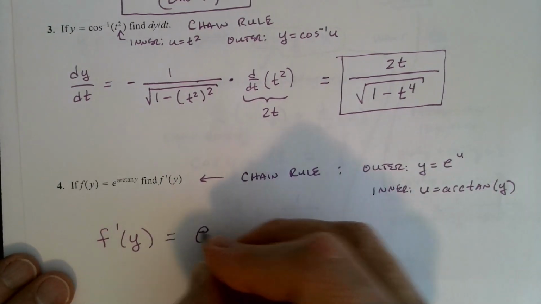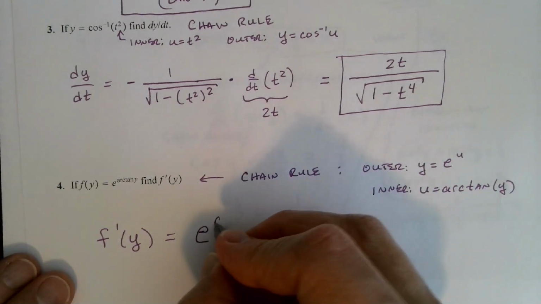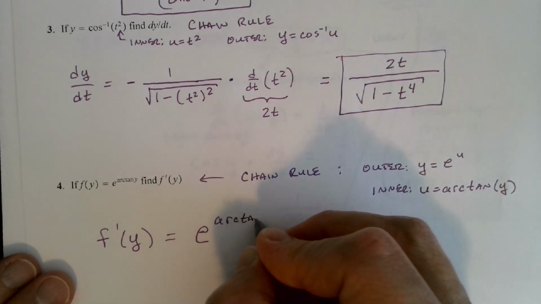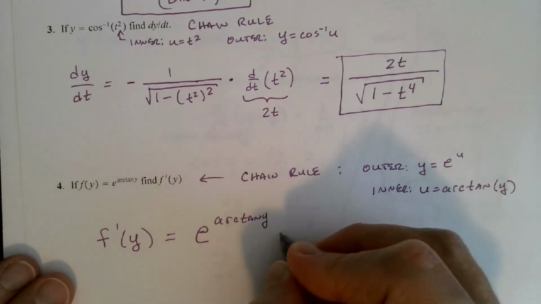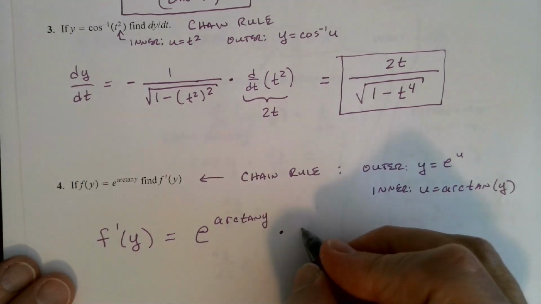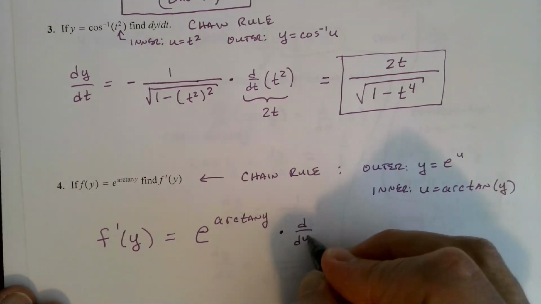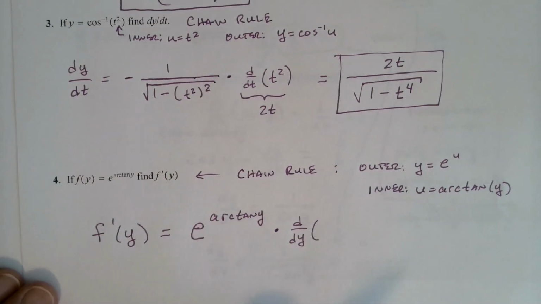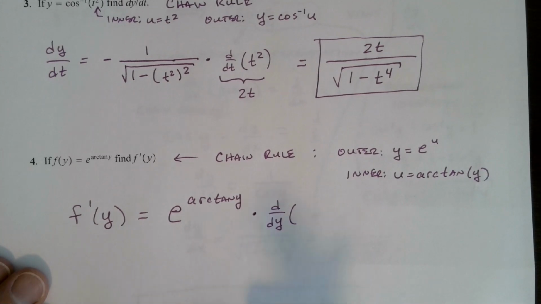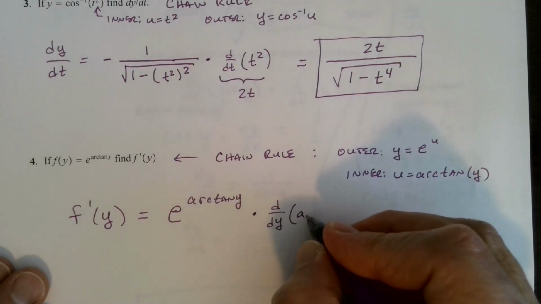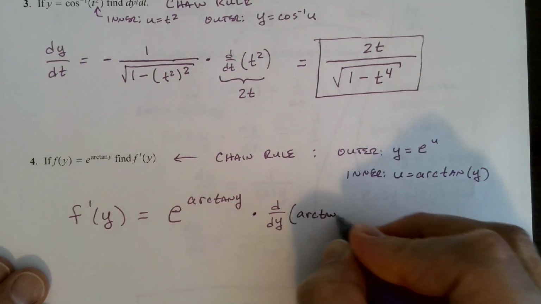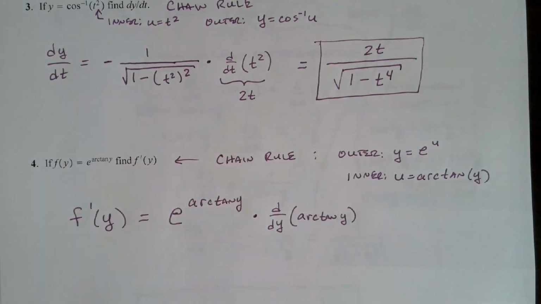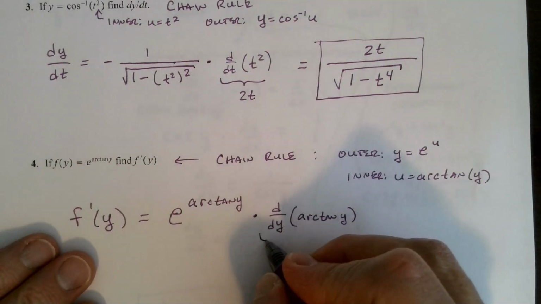E to the u, and u in this case is arctangent of y, times what? The derivative with respect to y in this case. Notice y is our independent variable in this case, not our dependent variable, of arctangent of y. Okay. And what is this?